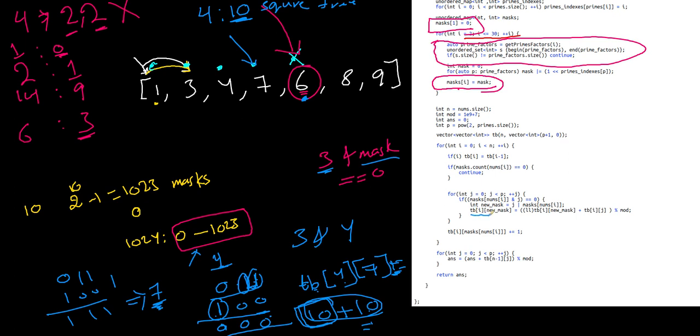And this is what we are doing here. So we check if the mask, which is j, and the mask of the number of i equals 0, this means that we can append this number to this mask's square free subsets. dp of i of new mask, where j is the mask, you can name j as mask or mask of number of i.